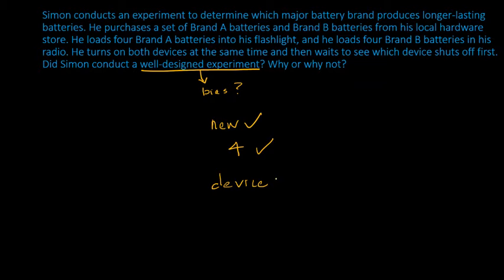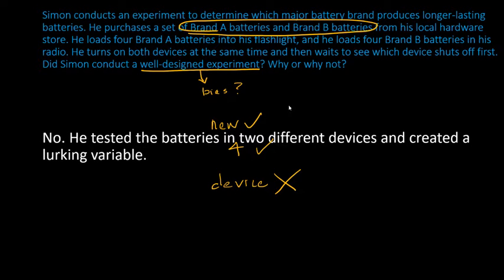So I've got 2 different brands in 2 different devices. And remember, the thing that I'm testing are the brands, brand A versus brand B. But I can't fairly test them if they're not in the same device, right? Because a radio might take more power than a flashlight or vice versa. So since the devices are not the same, this is not a well-designed experiment. He created a lurking variable, which is that the amount of energy the device uses might be different, okay?